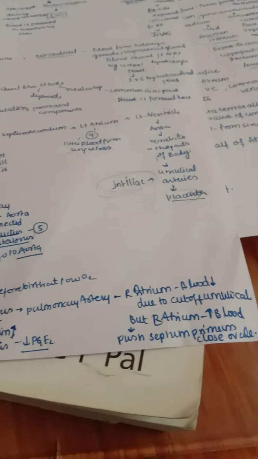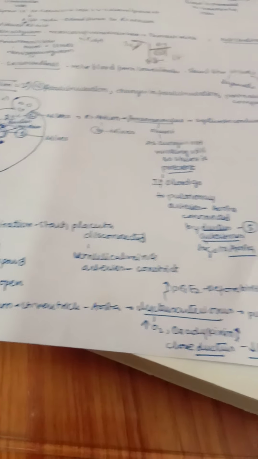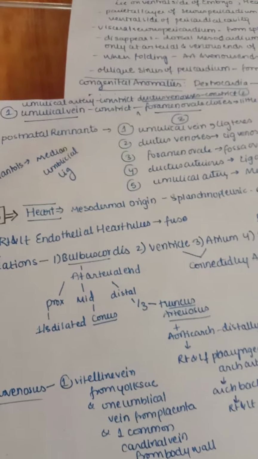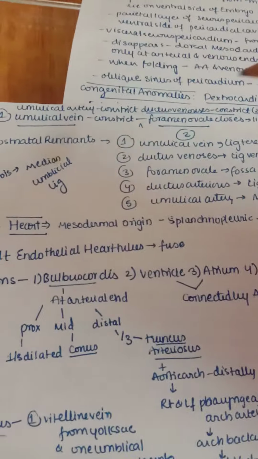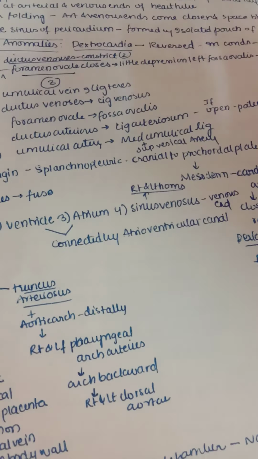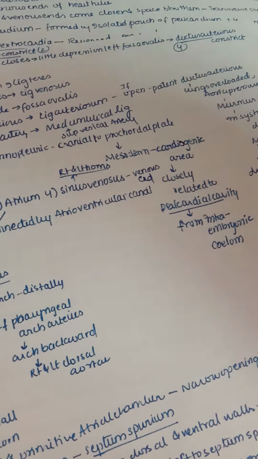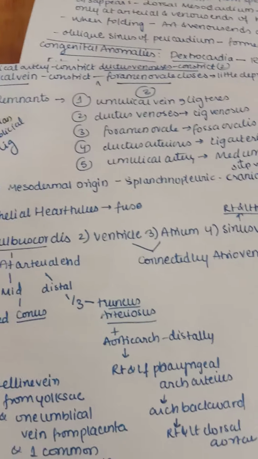So you can see when the placenta is disconnected, the umbilical vein and arteries are also getting constricted, and the ductus venosus is also constricted. Of course everything constricts whenever we cut the umbilical cord.